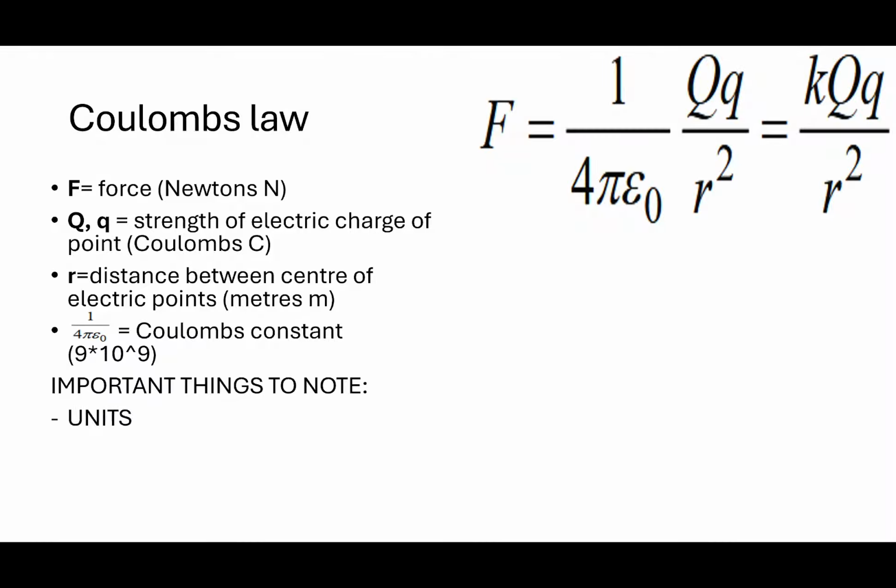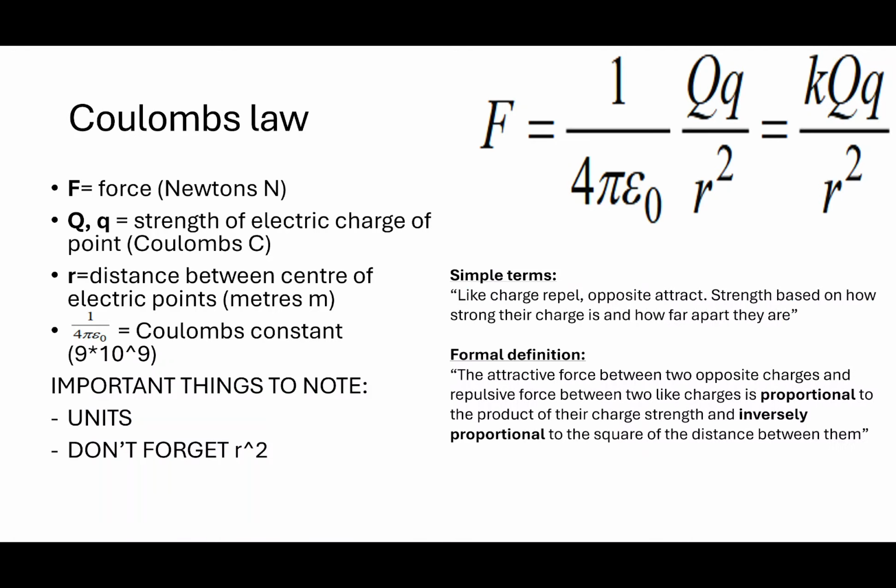Important things to know are units, especially if it says millicoulombs, millimeters, kilometers, all that stuff. Don't forget r squared. This is a big tripper. And this is the sort of definition of the equation: like charges repel, opposite attract. Stronger when closer, weaker when further away.